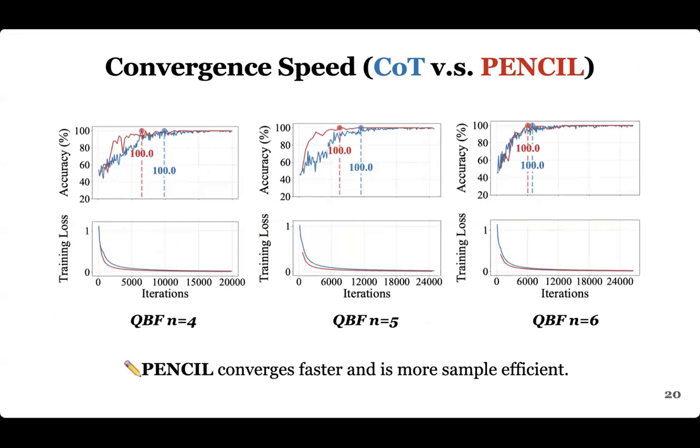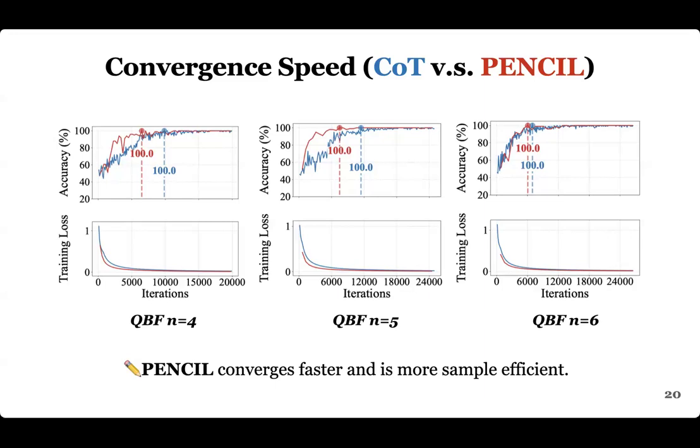We also compare the convergence speed of chain of thought and PENCIL. This figure shows how the accuracy and the training loss of chain of thought and PENCIL converge throughout the training process. The blue color refers to chain of thought and the red color refers to PENCIL.